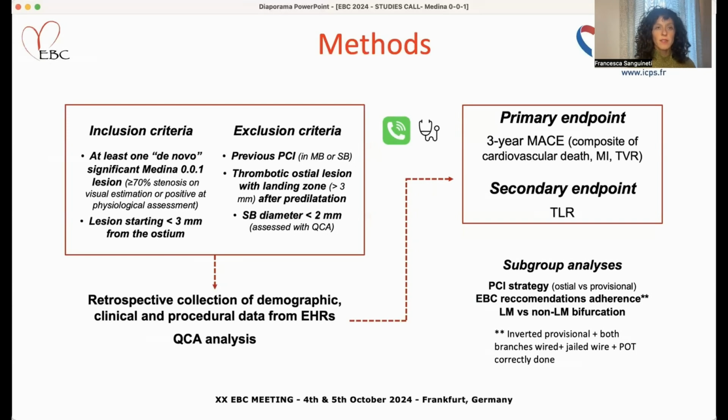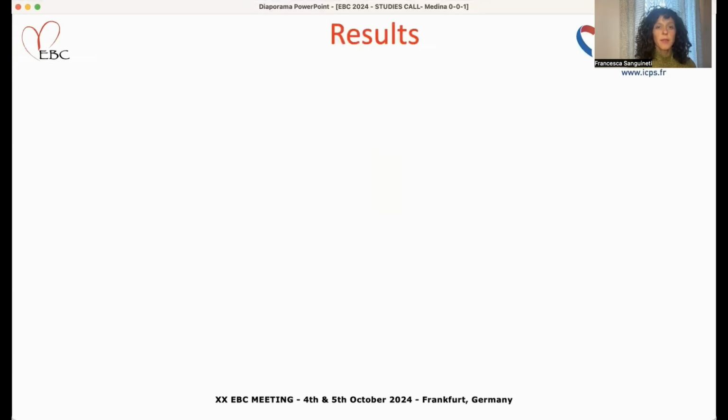We were interested in EBC recommendation applications, considering as application a procedure in which we had the inverted provisional stenting as a preferred technique, with both branches wired, the jailed wire technique, and a POT correctly done. We also compared left main versus no left main bifurcations.